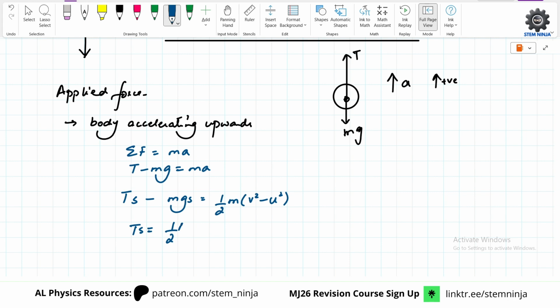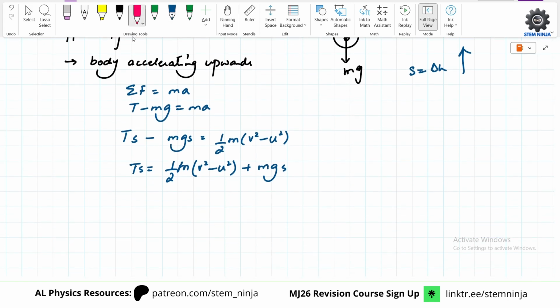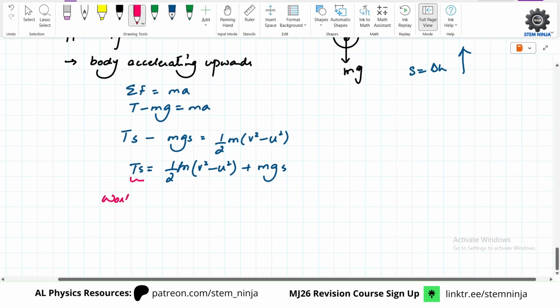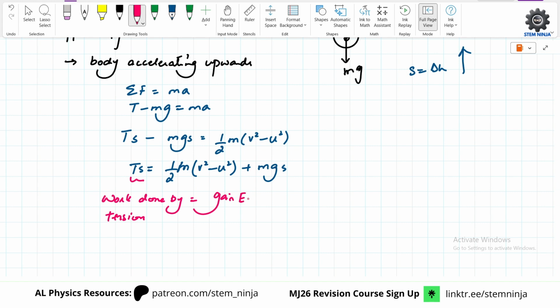Remember s is positive now, so s is positive delta h going upwards. So what this represents is work done by tension equals gain in kinetic energy plus gain in potential energy also. This is how it's working.